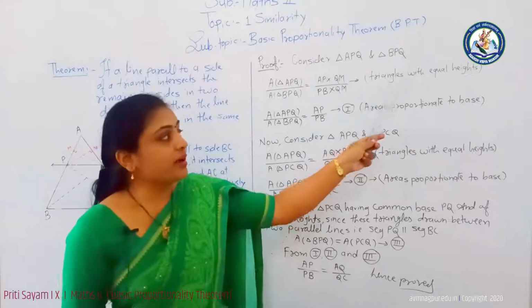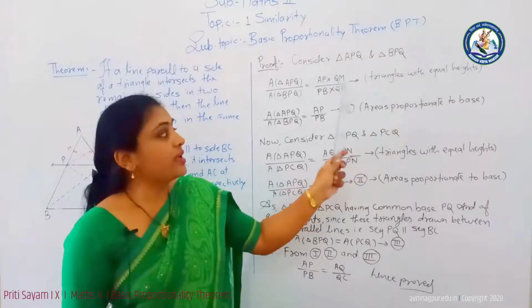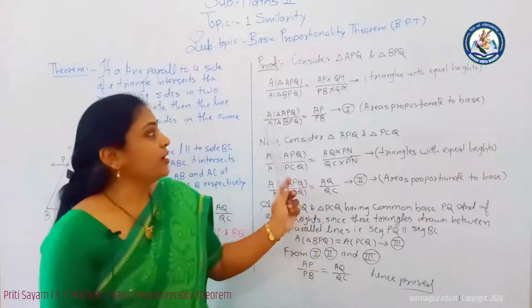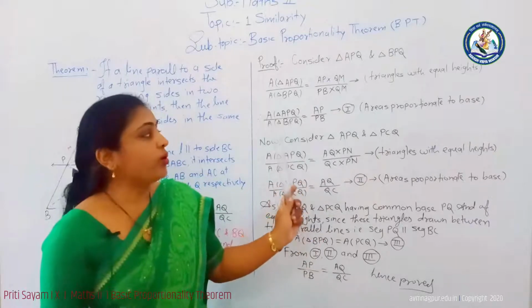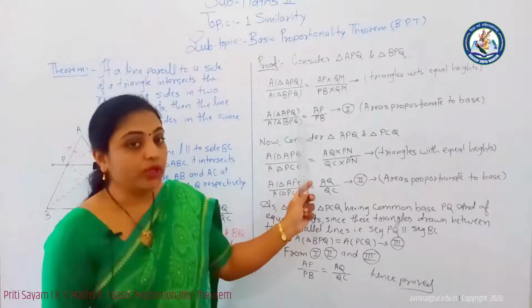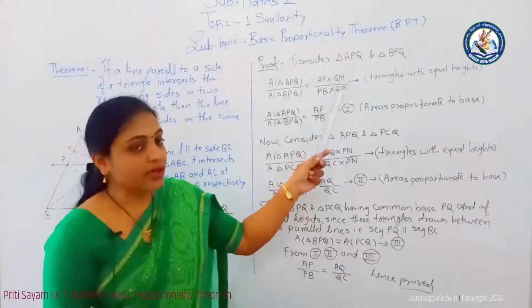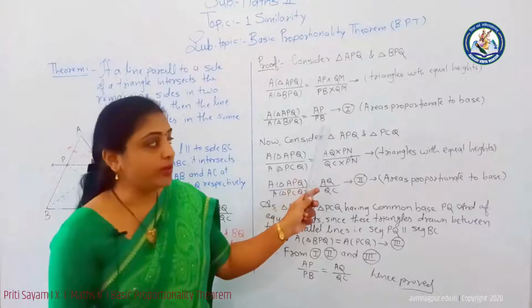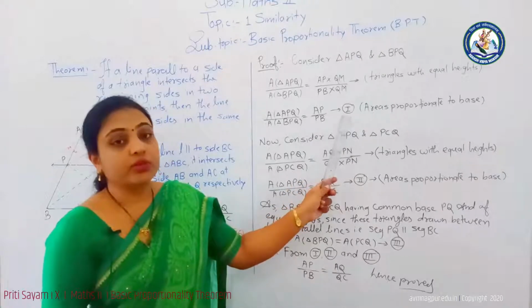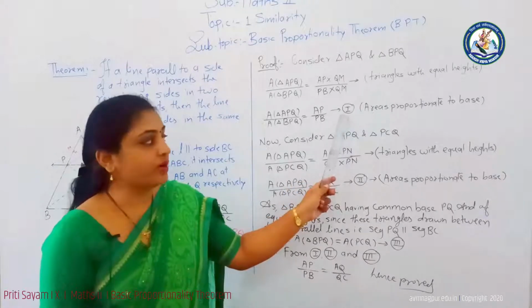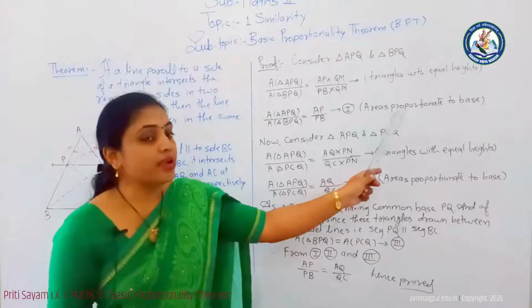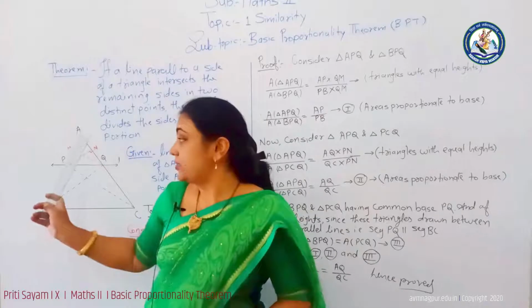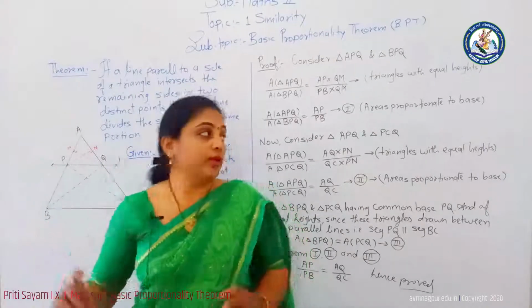The reason is triangles with equal heights. So area of triangle APQ upon area of triangle BPQ equals AP upon PB, as QM gets cancelled and only the bases remain. This is equation 1, and the reason is that area is proportional to base.